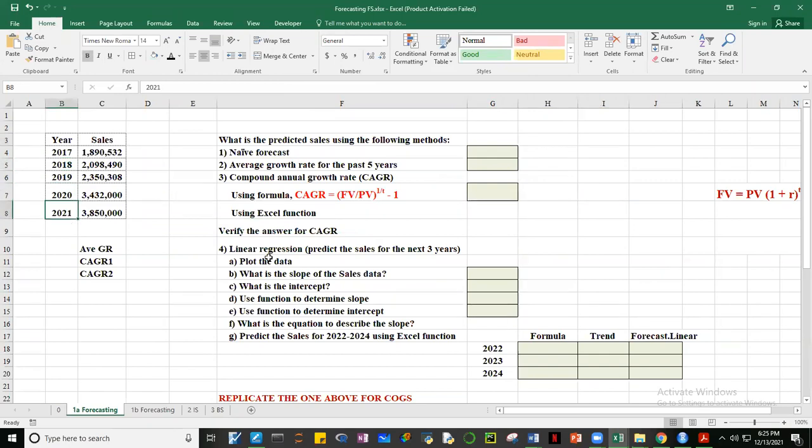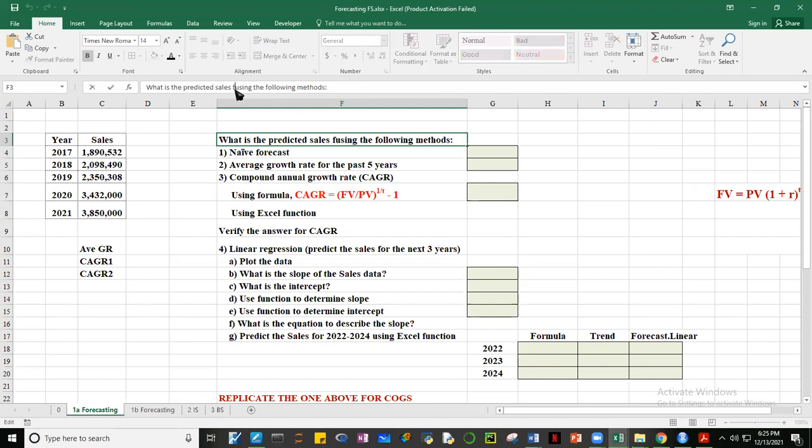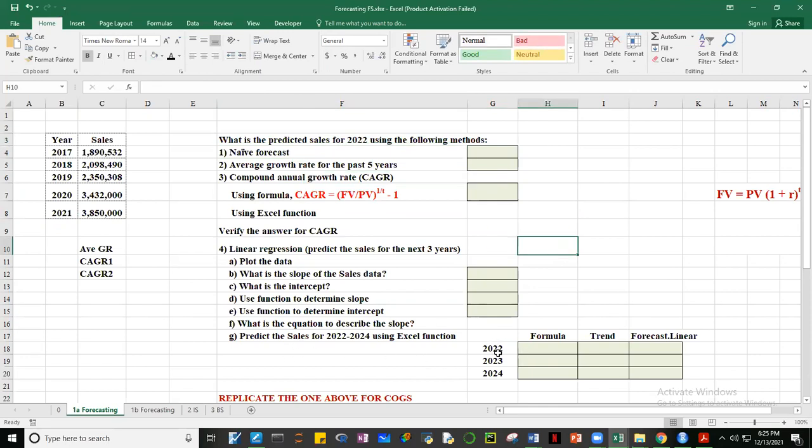What we'd like to do is to forecast our sales using different methods. The first method that we're going to look at is, what is the predicted sales for 2022 using the following methods, except for this one, where we're asked for the predicted sales for 2022, 23, and 24.